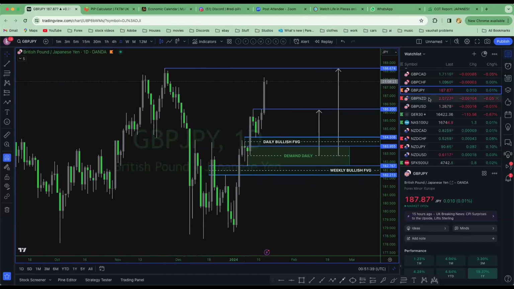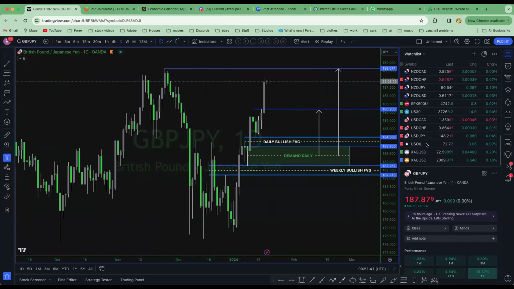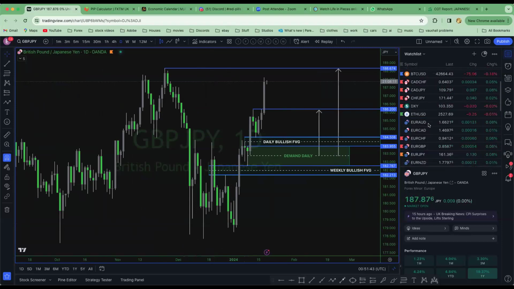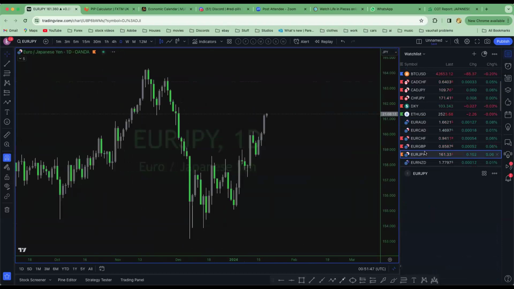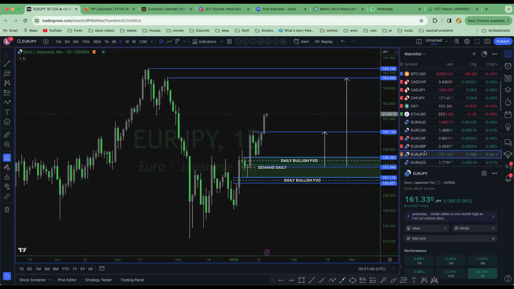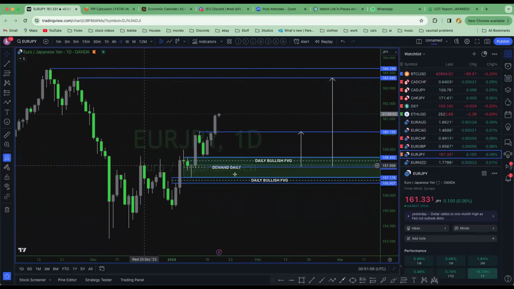So you can see that's GJ that I gave out, and then there's Euro JPY, same thing. This one I could have actually entered, to be fair, because this one did pull back to the daily demand.